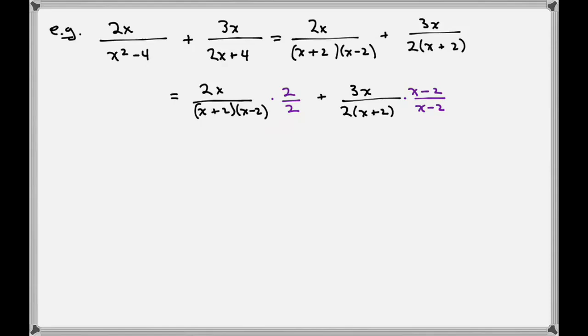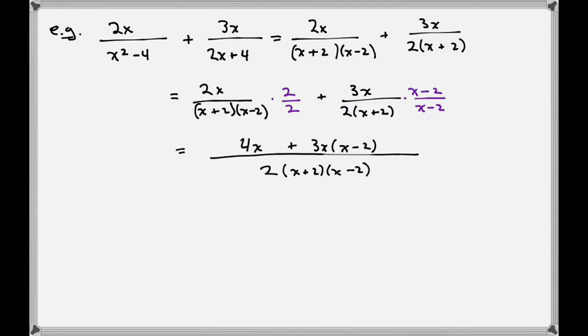Now I see the same 3 factors in both the denominators, so I'll be able to add them together with that as its denominator. I'll take the numerators and add them together, and I'll do a little bit of multiplication as well. 2x times 2 gets me 4x, and then it'll be 3x times x minus 2 that gets added to it.